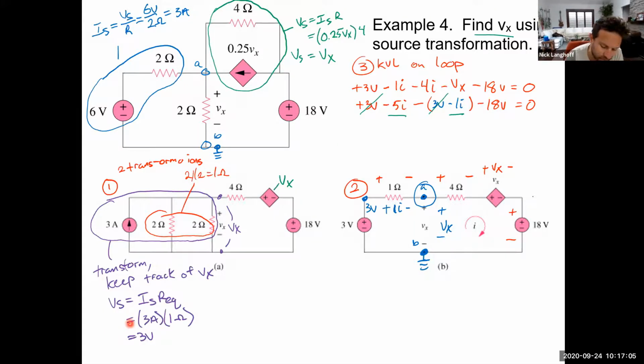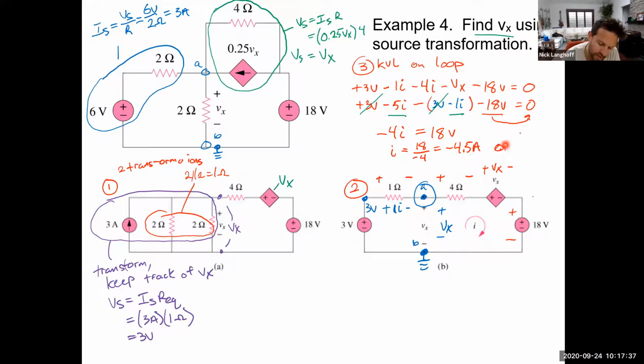Combine that with that negative 5I, and we're getting a minus 4I is equal to, and we're going to move this 18 volts over to the other side, so it becomes positive. So minus 4I is 18 volts, or rather I is equal to 18 over negative 4, or in other words, that's minus 4.5 amps.